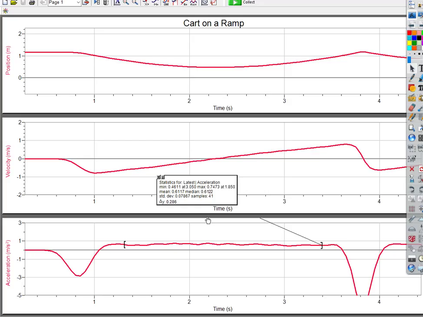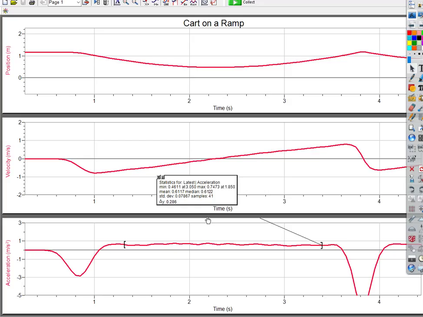Remind me what the relationship is between an object's acceleration and the velocity time graph. Slope. Okay, so can you think of another way that I could potentially find an estimate of acceleration here? Okay, if I could find the average slope of this line, does that make sense?